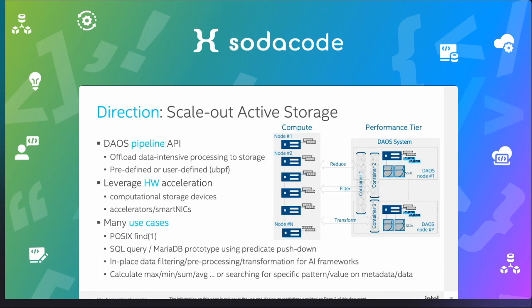To demonstrate the capability of this API, we'll be working on two use cases. The first one is to try to offload POSIX find to the storage node by running the find filtering function directly on the storage node out of PMEM.